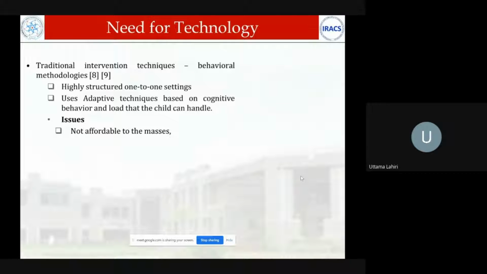The other is these therapists are well trained and they use their expertise to understand the affective state, say whether the child is anxious or whether the child is engaged or not paying attention, and accordingly choose an intervention strategy in a very adaptive manner while understanding the cognitive load or the cognitive behavior of the child.